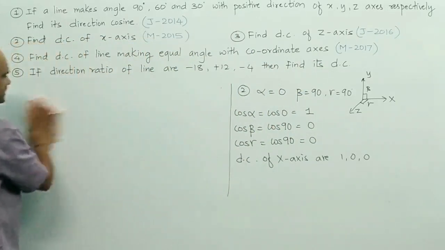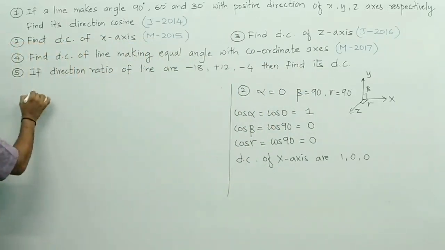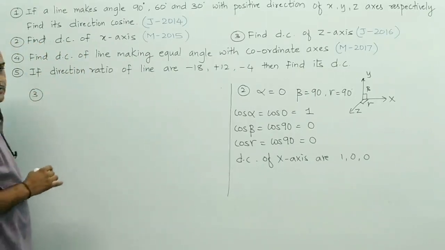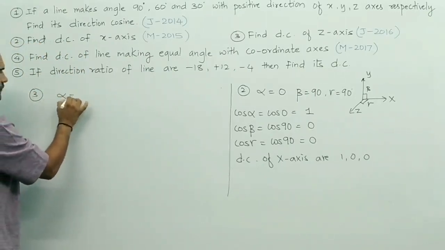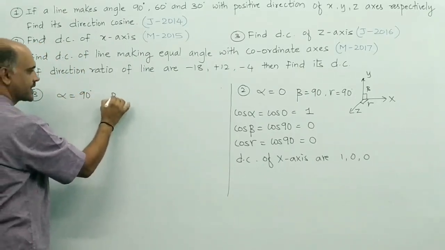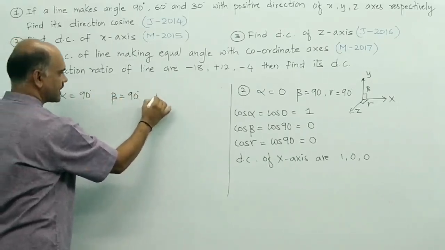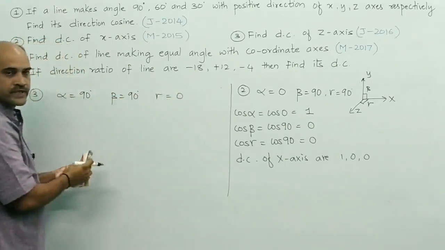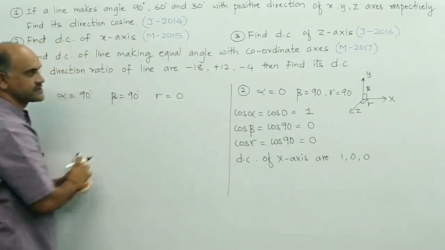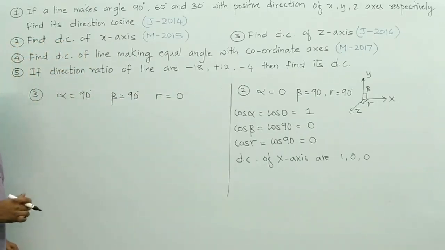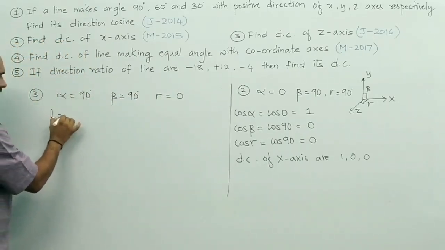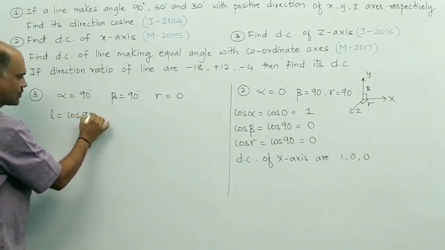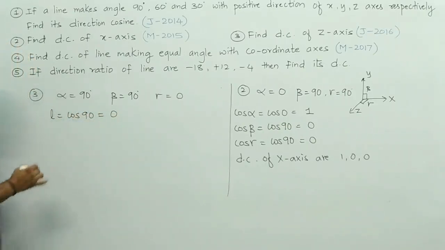Third, if I take the third one: the z-axis. Alpha is 90, beta is 90, gamma is 0. The z-axis will be at an angle of 0 with itself. So the direction cosines will be L is equal to cos 90. Cos 90 is 0.